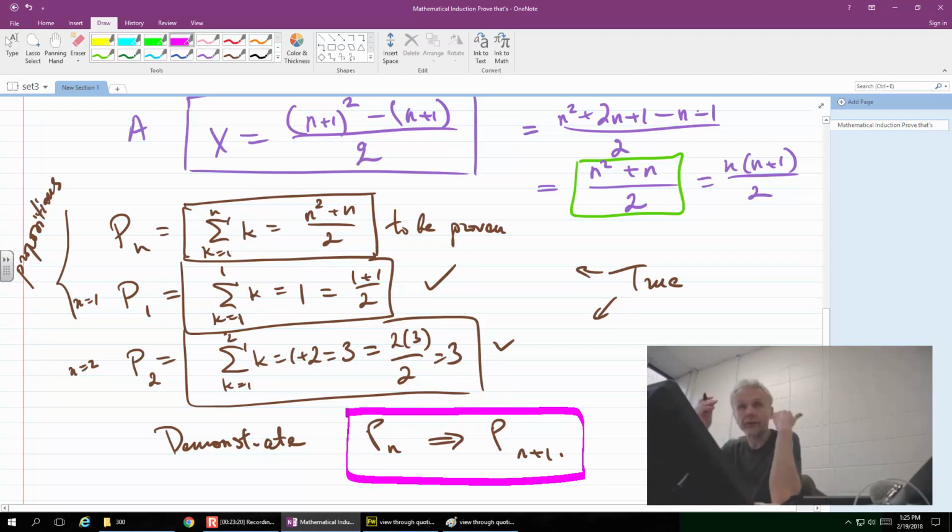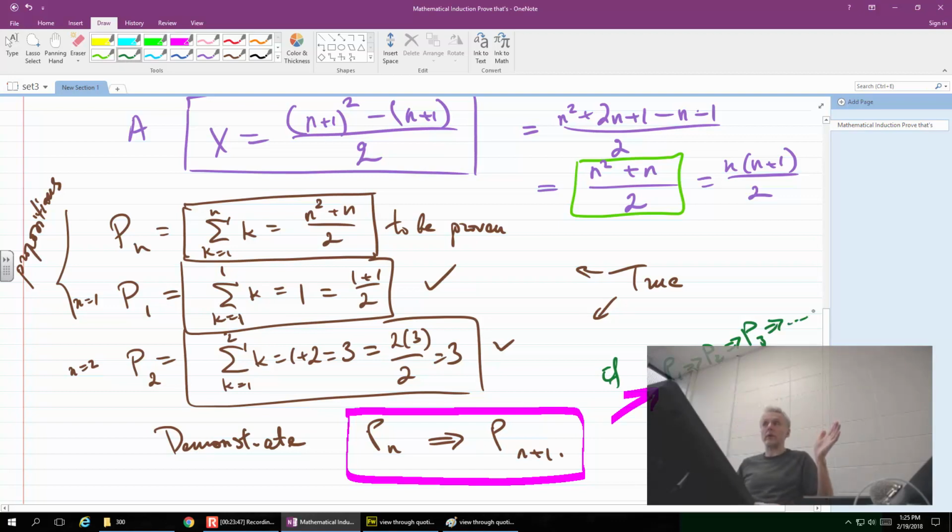Read it carefully; we've seen this a few times by now. We're not saying that Pn is true. We're saying that if Pn is true, then Pn plus 1 is true too. That's what we need to demonstrate. If we prove it, then how do we continue? Then it will be P1 implies P2 implies P3 and so on, which means that we have all of them, right?